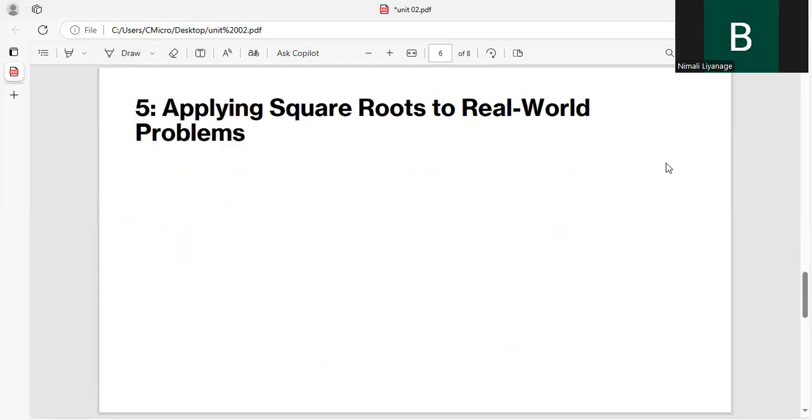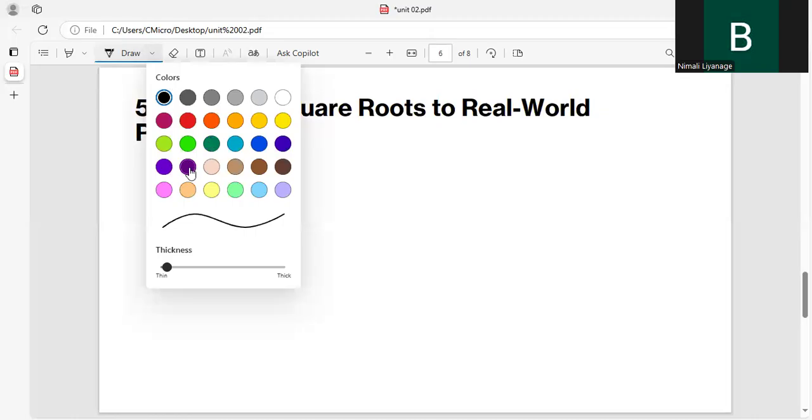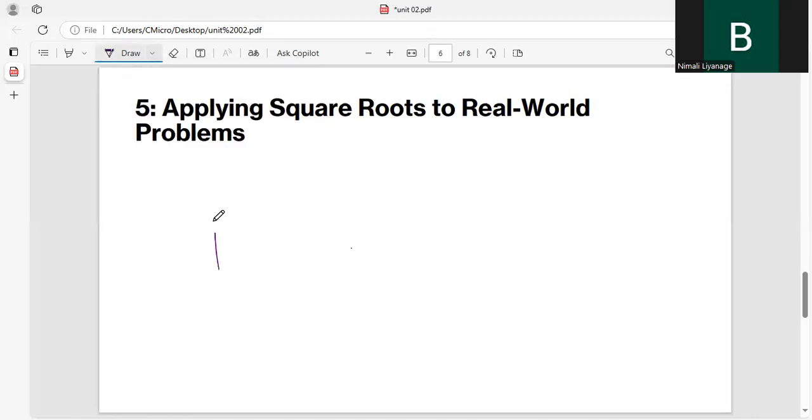If a square garden has an area of 441 square centimeters.